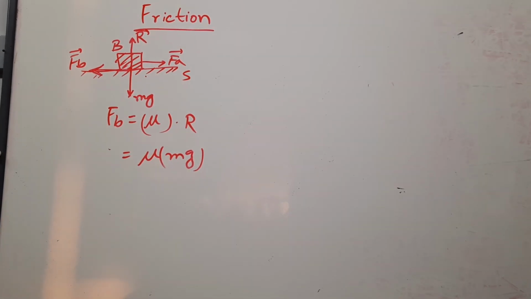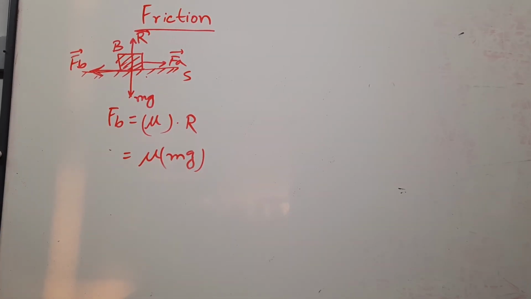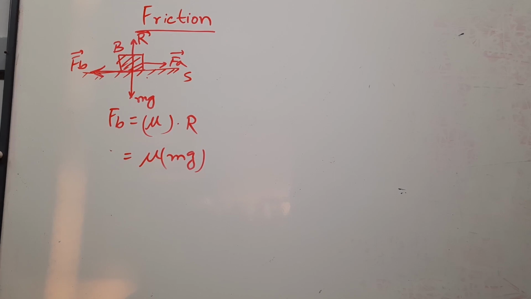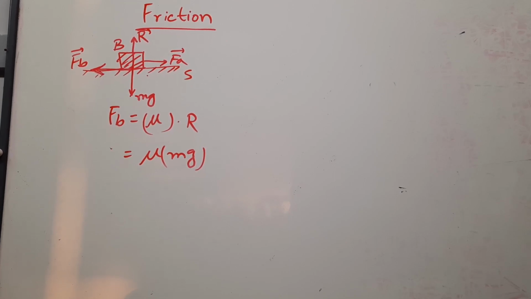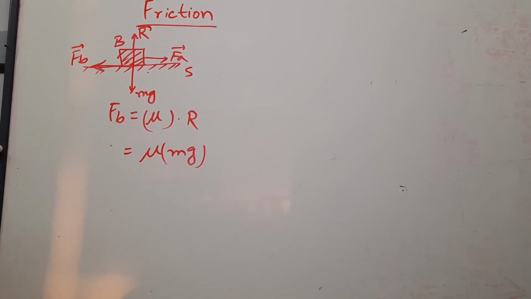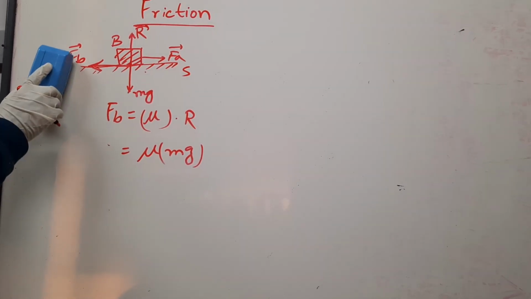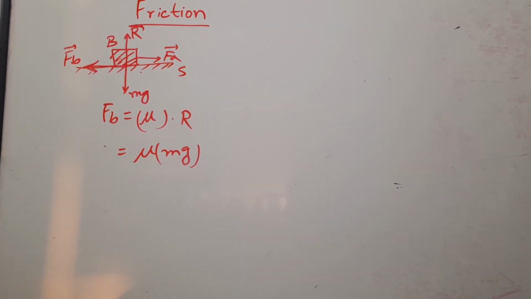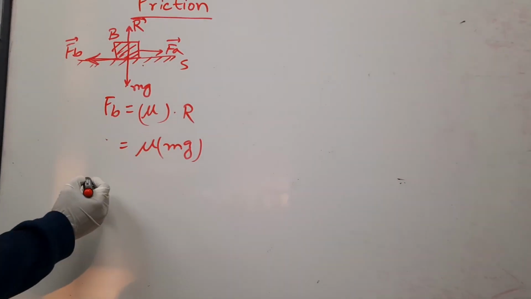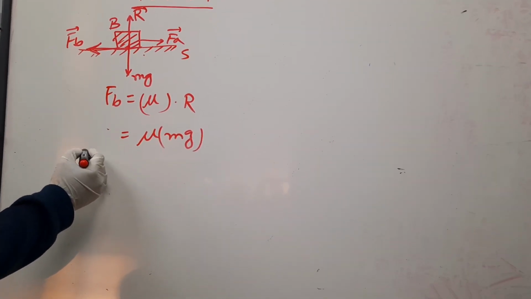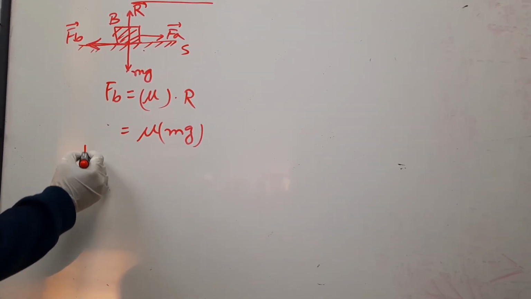So Fb equals mu mg, where mu is the frictional coefficient, which depends on many factors such as the relative motion and, most importantly, on the roughness of that surface S, which we will come to later.